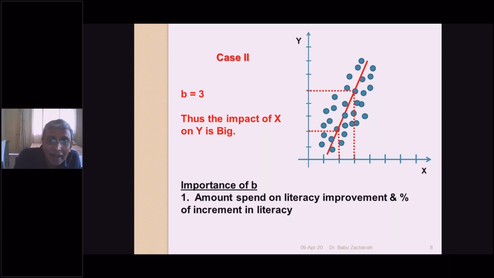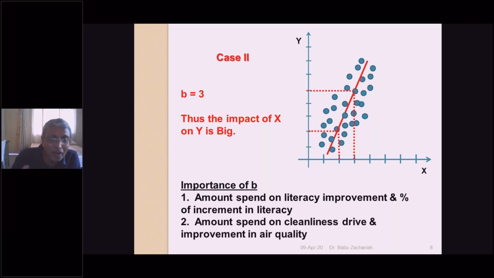So this sort of analysis is possible. From the field of environment, I can give another example. See the amount spent on a cleanliness drive, Swachh Bharat Abhiyan or anything like that. If I spend 1 crore, what is the improvement in air quality? Is it a fractional thing or is it in big numbers? This is a question people ask. If it is in big numbers, it is a welcome move. So this sort of analysis is always possible through the regression technique.